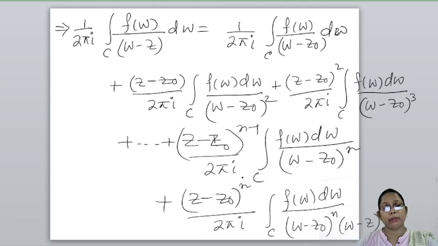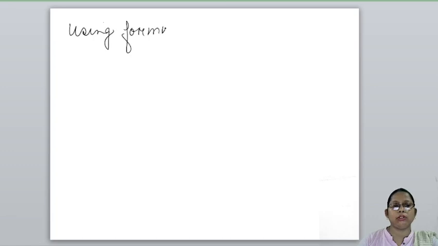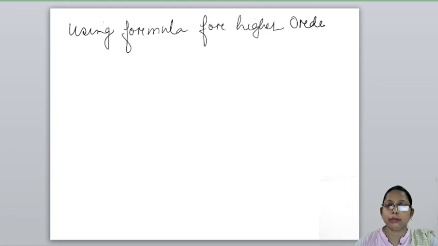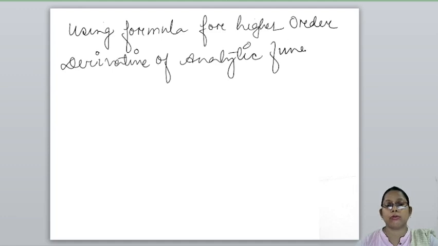Next, using the formula for higher order derivatives of an analytic function, we get the following.